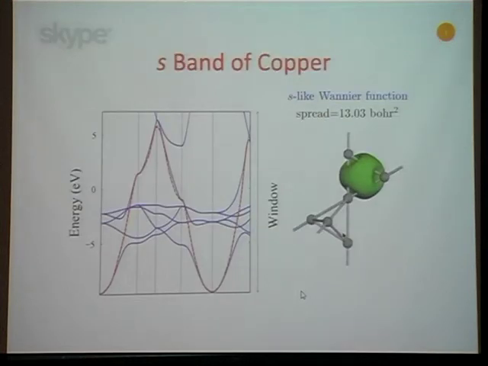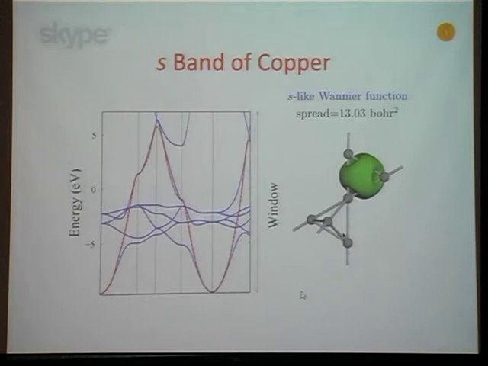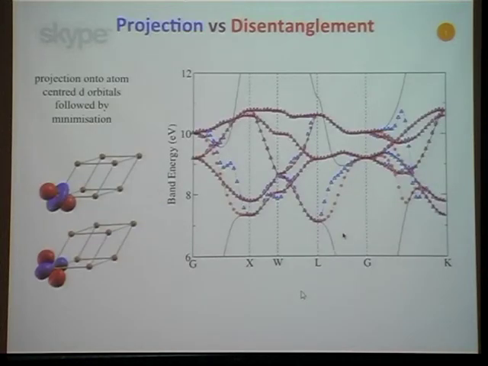And the last 2 slides I'll skip are just other examples in which we find maybe just one orbital that describes the parabolic band of copper, or a hybrid orbital that describes the bottom of the band structure of copper. And this is the last slide for today. I'm just comparing the band structure that we obtain in red from this disentanglement procedure and the band structure that you would have obtained by constructing Wannier functions just by projection techniques.